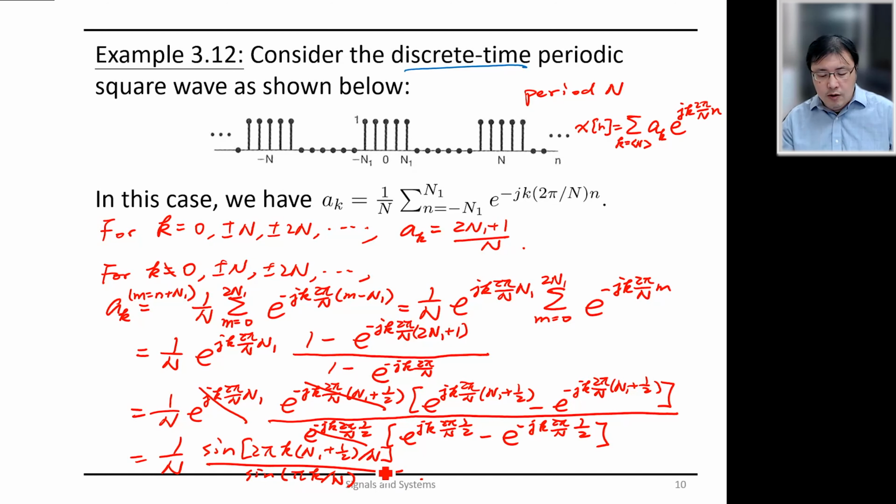For a larger capital N, these square waves are more separated in time, but if you look at the Fourier series coefficients, you would be equivalently sampling these sinusoids at a faster and faster rate.